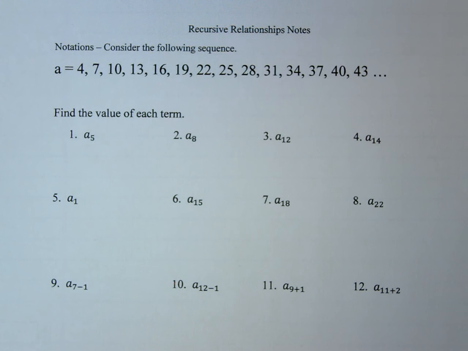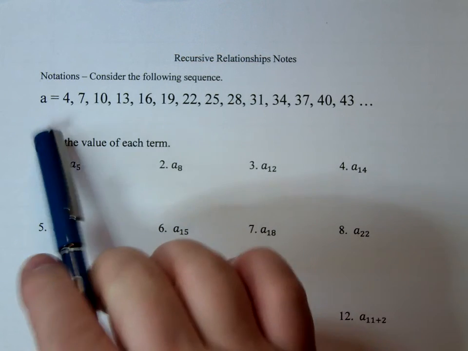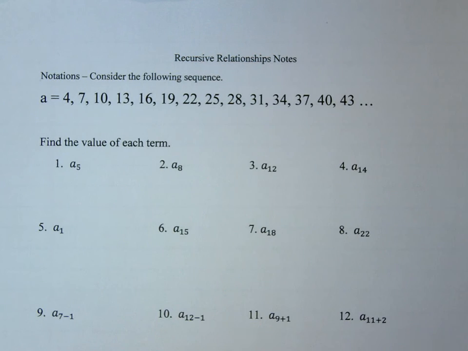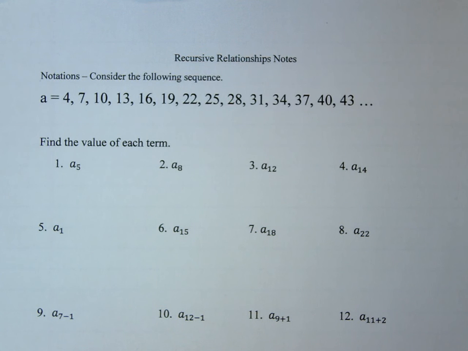So we're starting a brand new unit. We're going to move out of trigonometry and go into a unit on recursive functions, which is just like a sequence of numbers, and you can see on the notes. It's going to be a pattern of numbers, a sequence of numbers that have some kind of pattern that you can figure out.